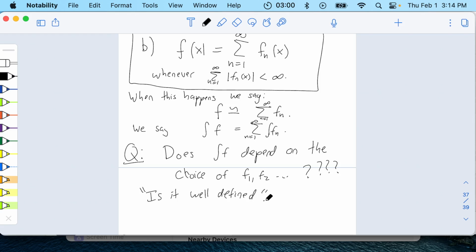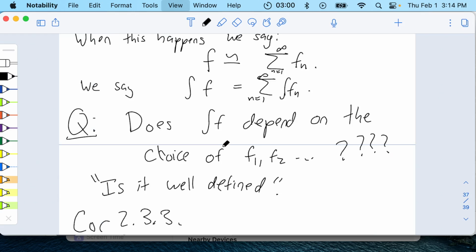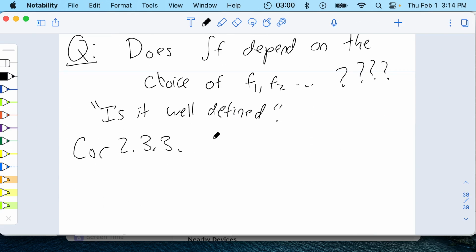Okay. And we're going to answer this question because there's a lemma coming up. Here is what we're going towards, which is Corollary 2.3.3. I can zoom back in one.